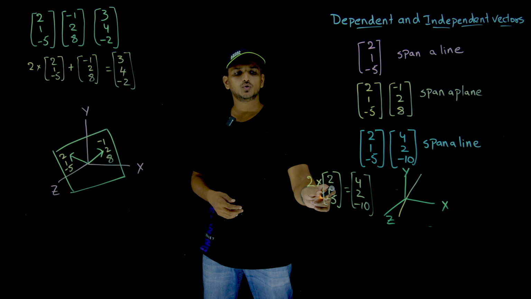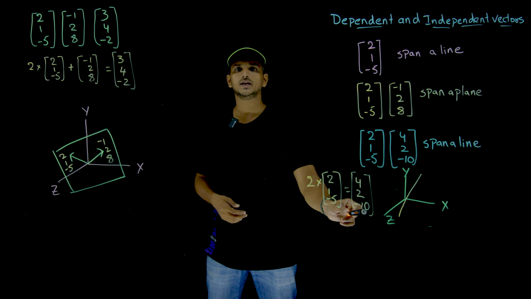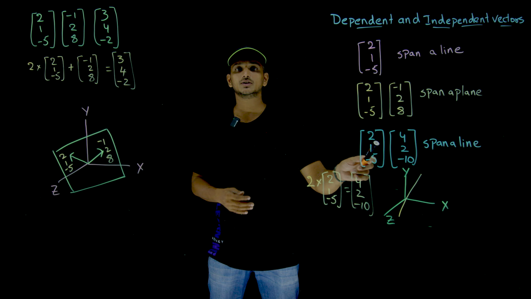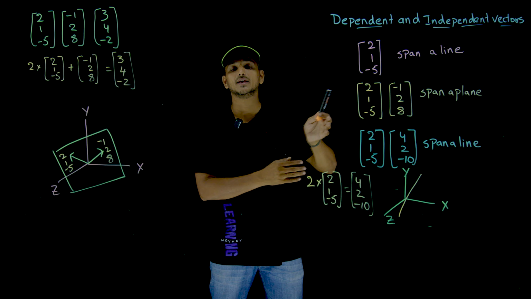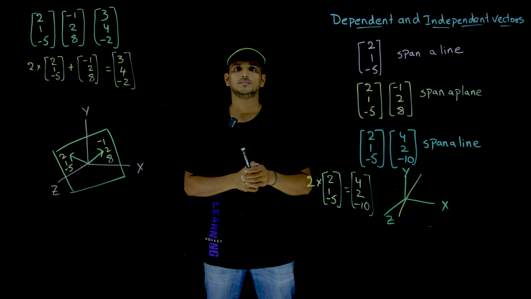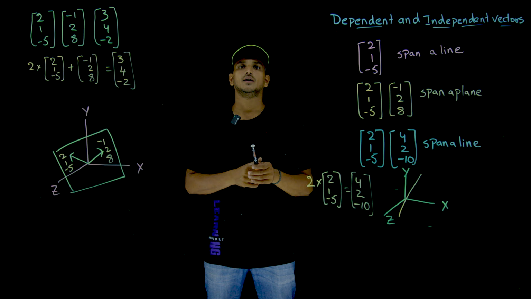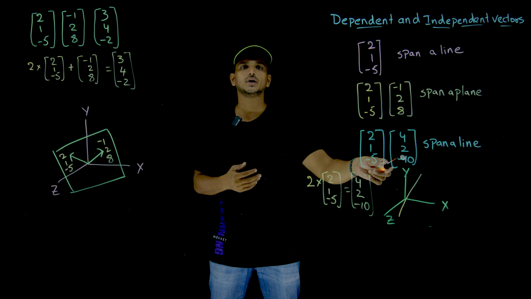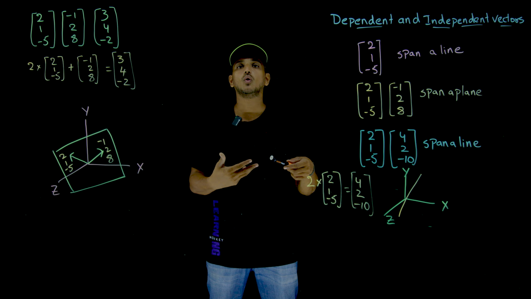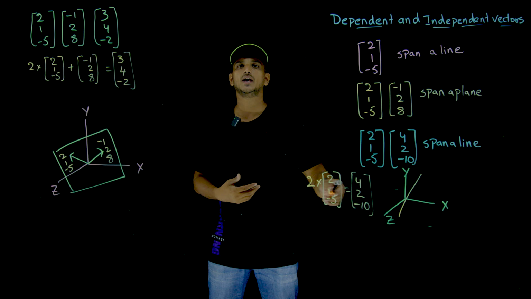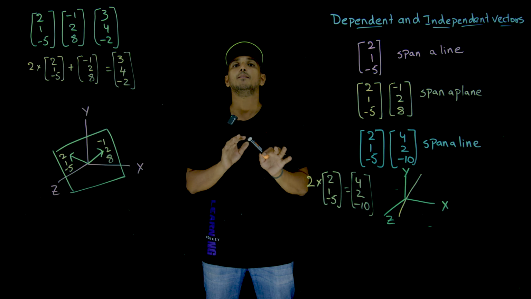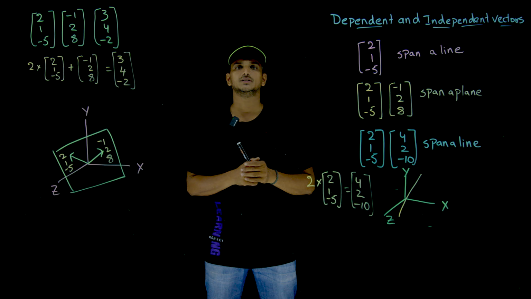By multiplying 2, 1, minus 5 with 2, you are going to get 4, 2, minus 10. Means this vector is also moving in the same direction. Means using these two vectors, we are able to span a line in a three-dimensional coordinate system, not a plane.